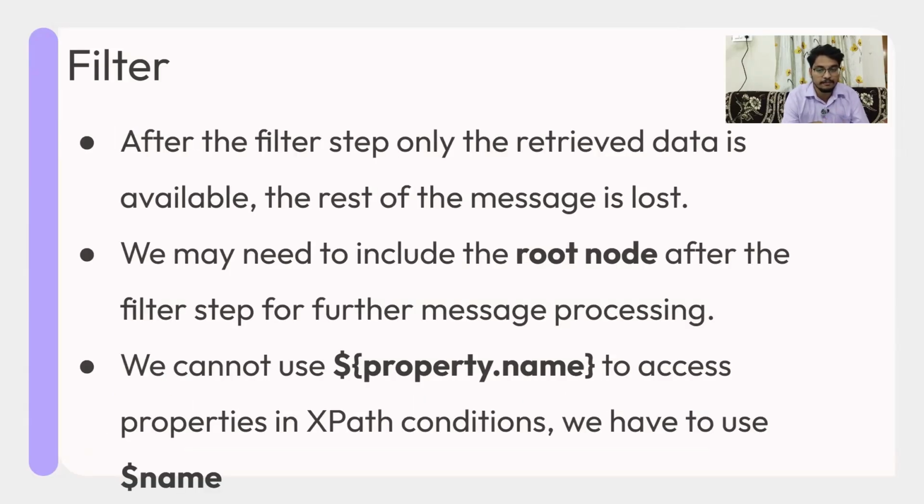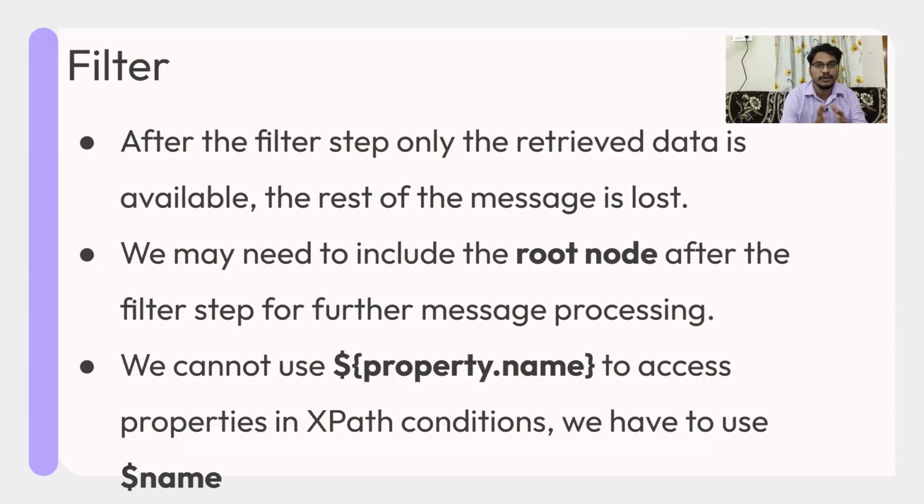After the filter step, only the retrieved data is available and the rest of the message is lost. So this is very, very important. The main purpose of filter is to remove the unnecessary data, right? And we may need to include the root node after the filter step for further message processing. Like we have seen in the node list example, the root node of our message after the filter step has gone, right?